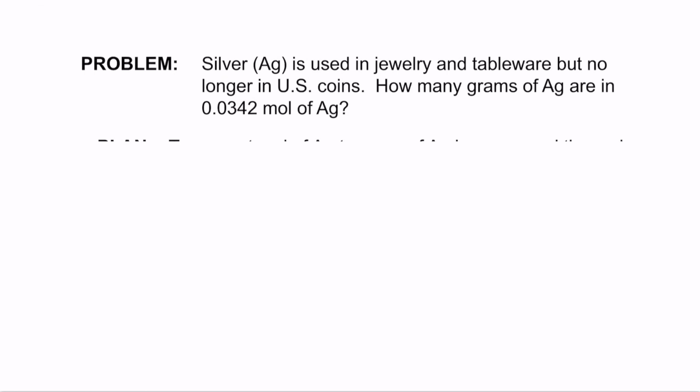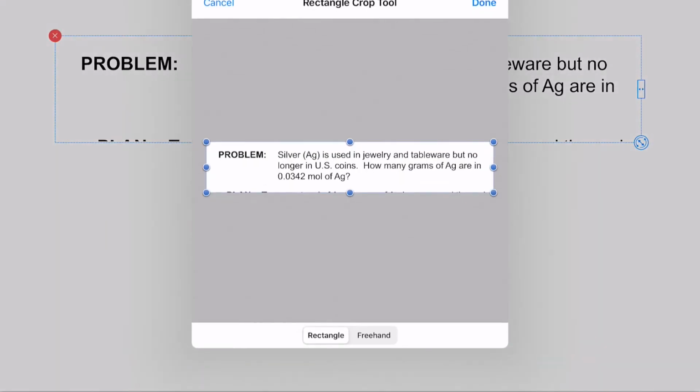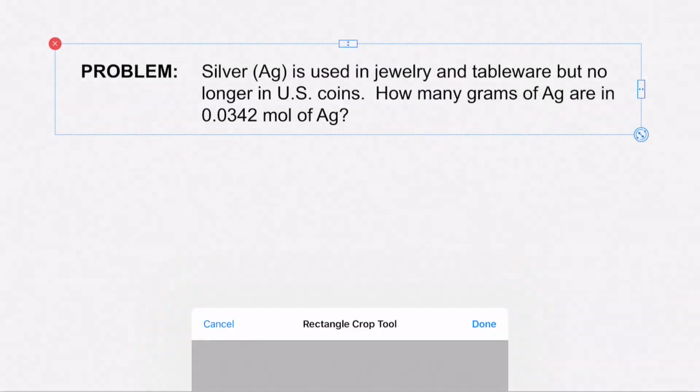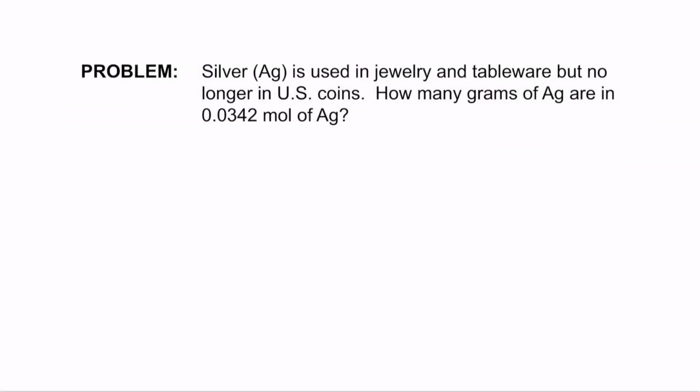Let's take a simple example. Here they have given us: silver is used in jewelry and tableware but no longer in US coins. How many grams of silver are in 0.0342 mole of silver? Now remember the formula, the number of moles is mass by molar mass.